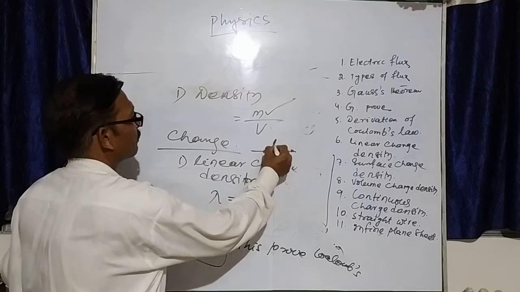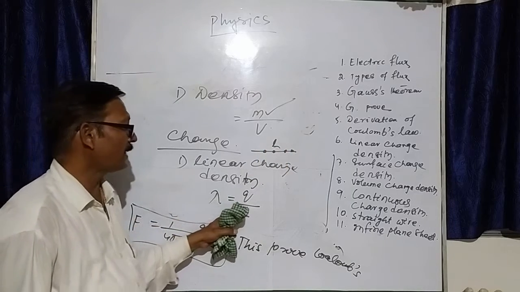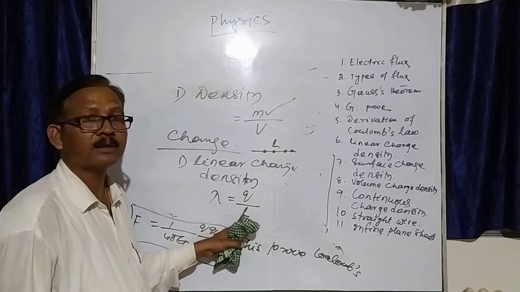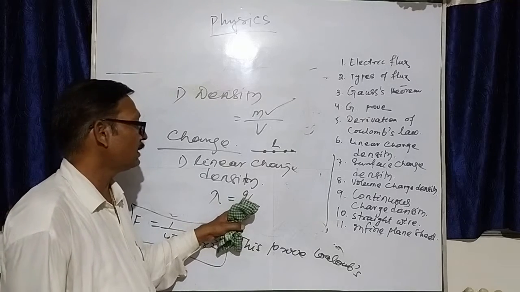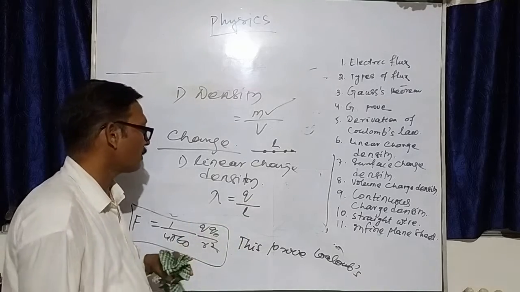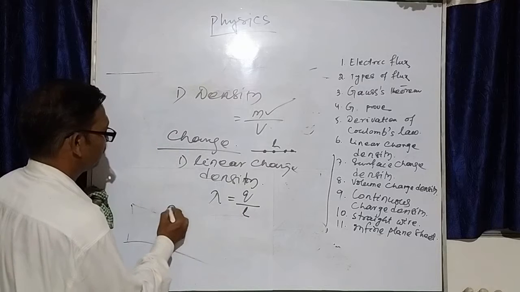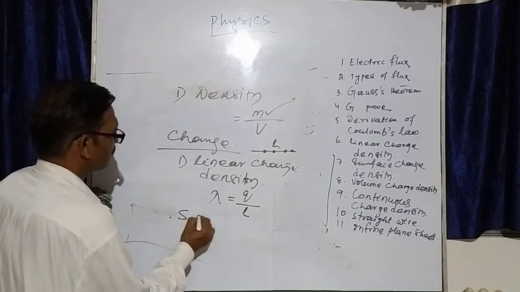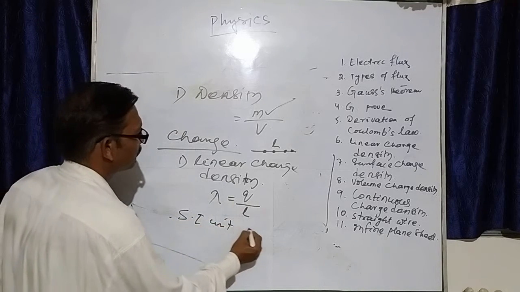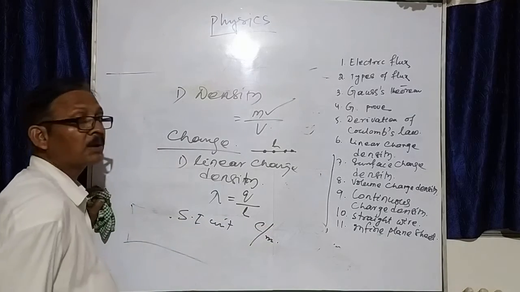Length is L. The SI unit is coulomb per meter. The CGS unit is stat coulomb per centimeter. If you find the dimension formula, first see the SI unit. Charge is coulomb and L is meter, so coulomb per meter.